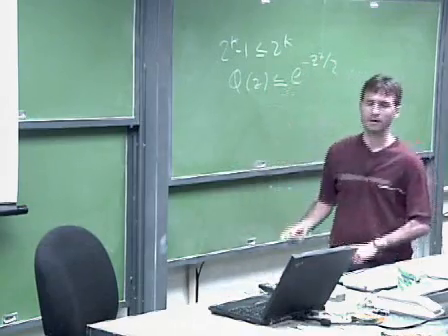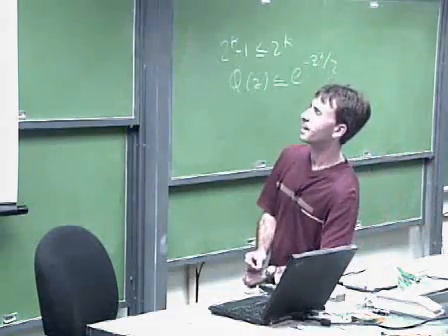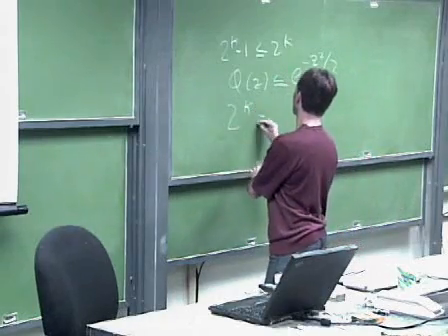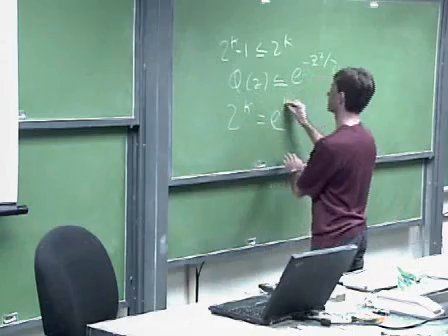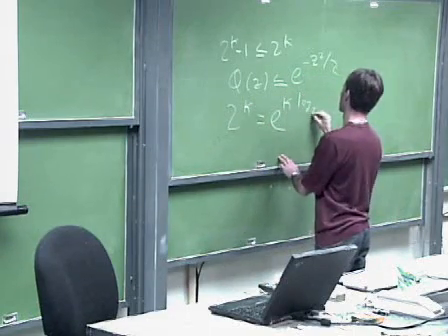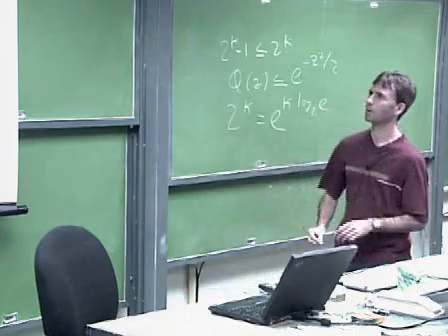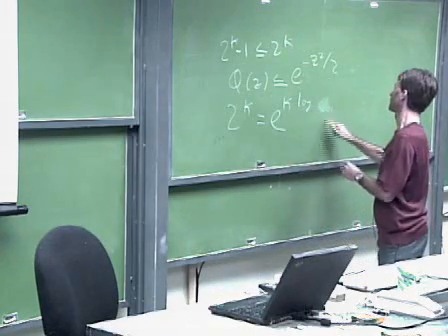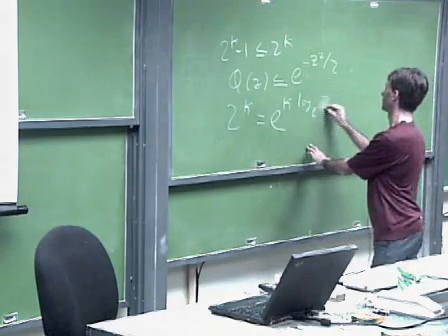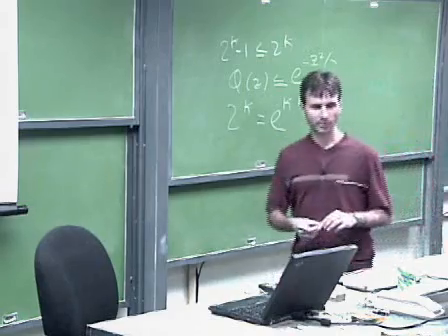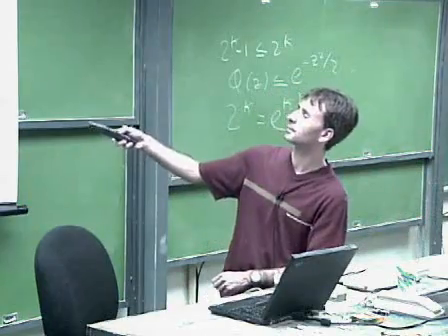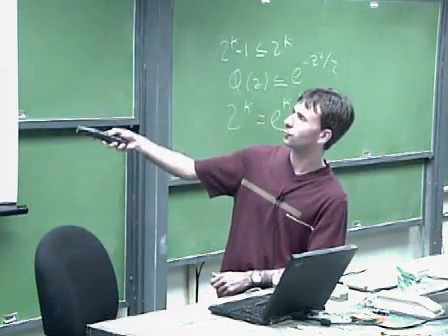We saw this many weeks ago. And I'm going to use the fact that 2 to the k is equal to e to the k log e of 2. So using these three relationships, we can take this Q function bound and convert it into this other one.